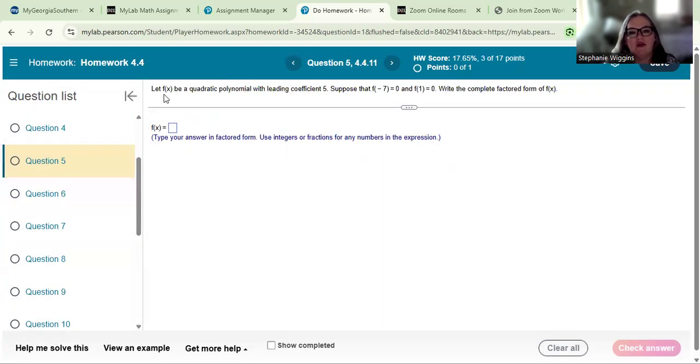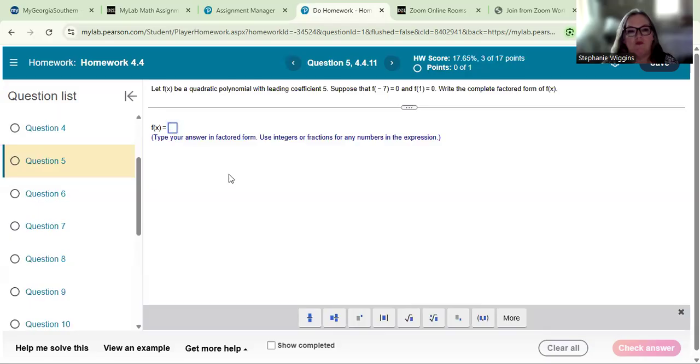All right, here you're doing basically the same thing, except you're told that f evaluated at -7 equals 0 and f evaluated at 1 equals 0. That just means that -7 and 1 are zeros, because when you plug them in, your function becomes 0. So we're supposed to write the complete factored form for a polynomial, and it has leading coefficient 5.